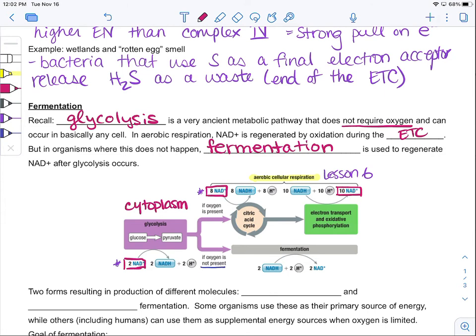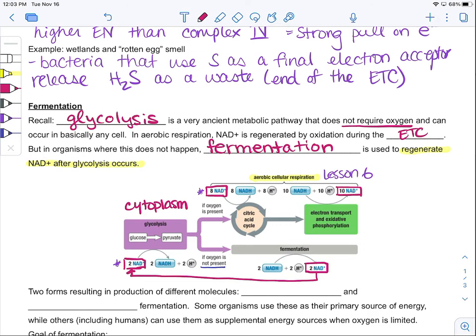As I was just mentioning, the goal of fermentation is to regenerate NAD plus after glycolysis occurs. What I'm referring to, and what we're going to talk through the steps of, you can see right here: in the processes of fermentation, we are regenerating this NAD plus so that it can go back and help pick up things from glycolysis. That keeps the reactions going.